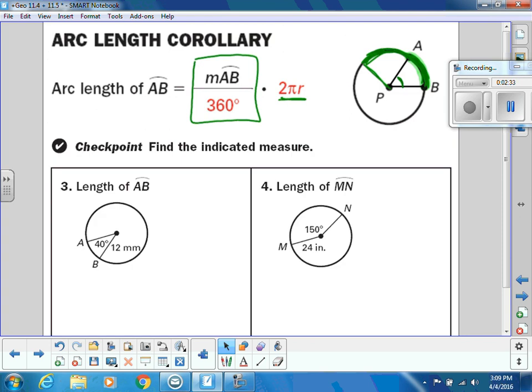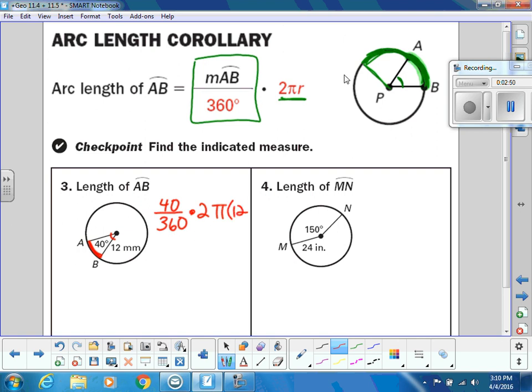So in this one, we're trying to find the length of arc AB, and we have that central angle is 40, so we'll take 40 divided by 360, and we're going to multiply by 2 times pi times the radius, which is 12. Okay, so if I reduce this 40 over 360, that reduces to 1 over 9.